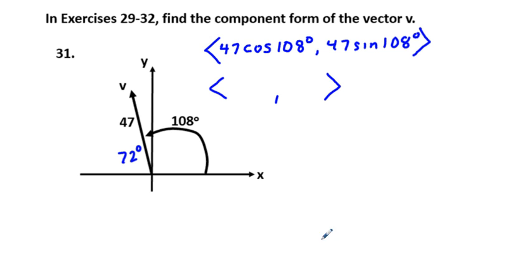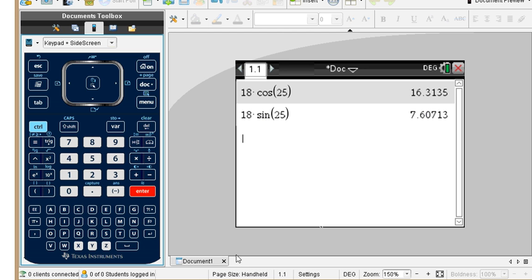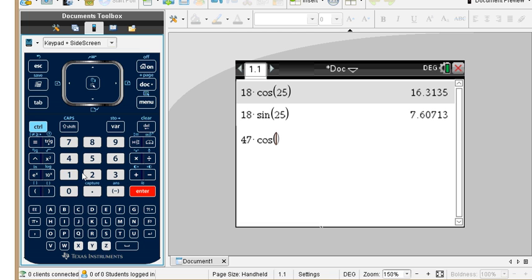Better be negative, or else we've made some mistake. So we put in 47 times cosine 108 degrees, and we get negative 14.52 to the hundredth place.